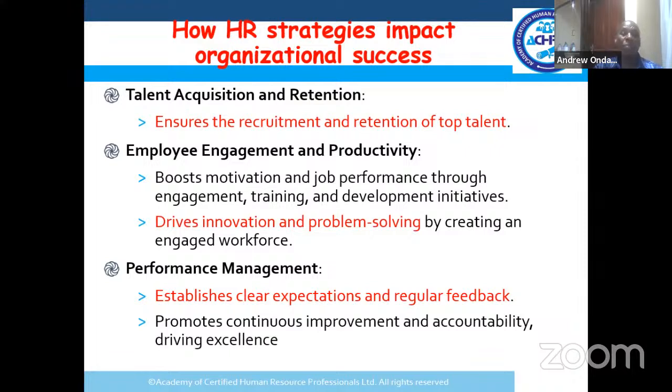The other aspect I've mentioned there is accountability and driving of excellence. On accountability, everybody is accountable for what they do and their behaviors. So if there are failures on the part of the employees, such as time wastage or not meeting targets, then they will be held accountable for failing to achieve those targets.